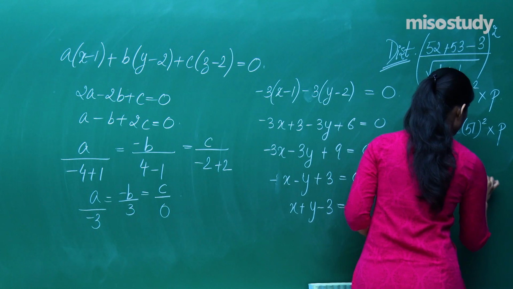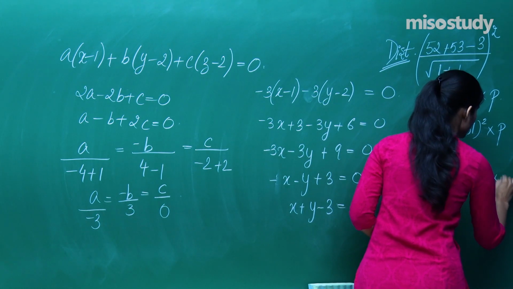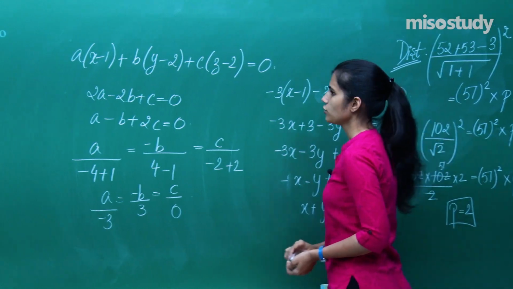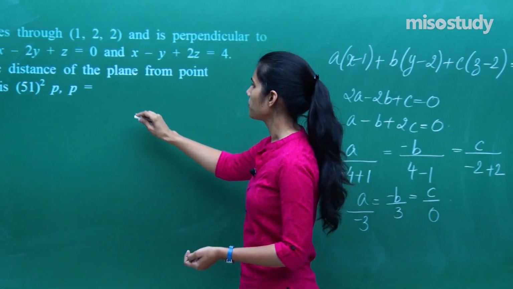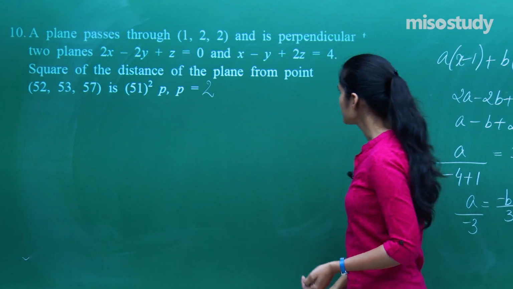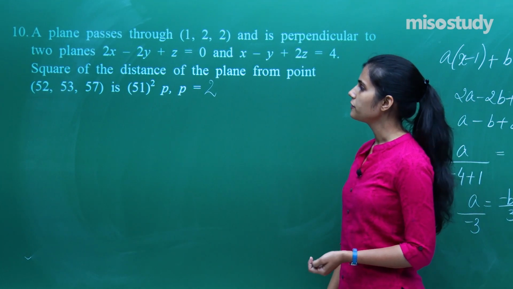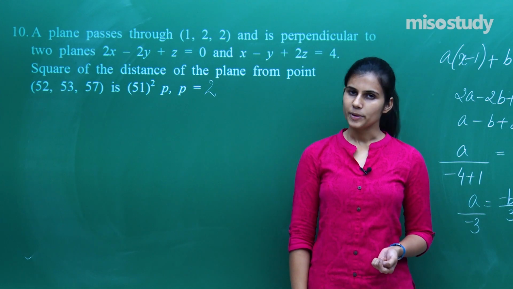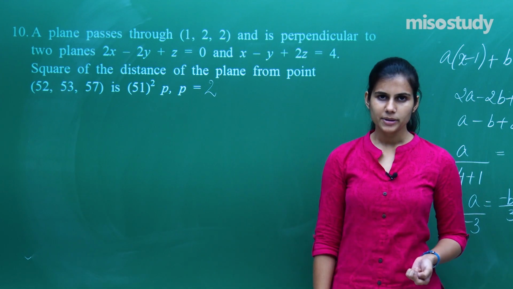So this basically is 51 square into P. So P is going to come out to be 2. So your value of P is 2. It is for P equals 2 that the square of distance of this plane from (52, 53, 57) is 51 square into P. So practice these questions very nicely. That's it from my side. Thank you.